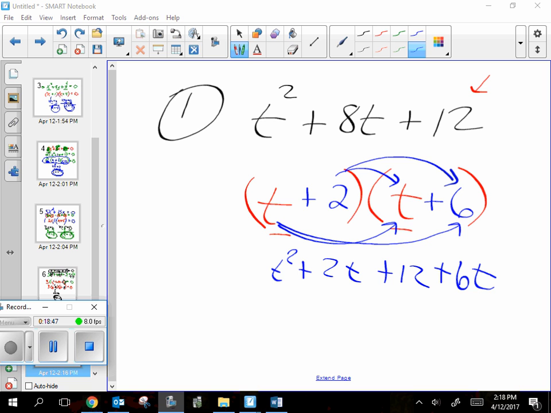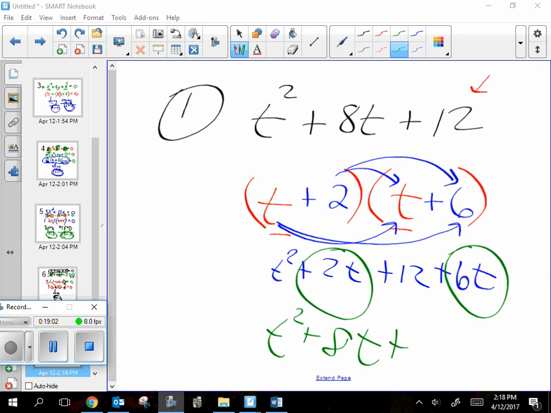Now, did it actually work? Yes. It worked because what 2 parts go together? The 6t and the 2t made 8t, and that's what we wanted it to do. Because now it's the same. You might be like, isn't that the same thing we had at the beginning? Yeah, that's the point. So we were checking to see if our factoring was right.